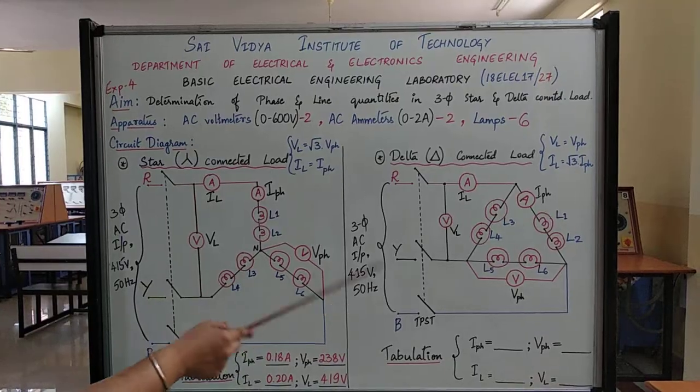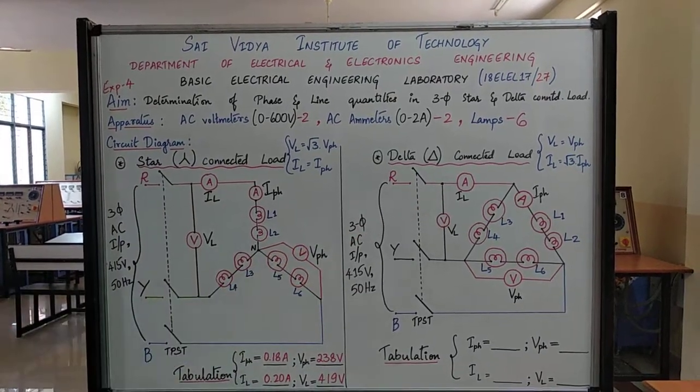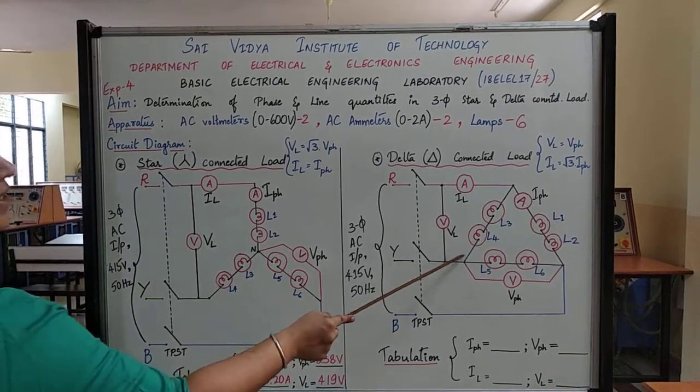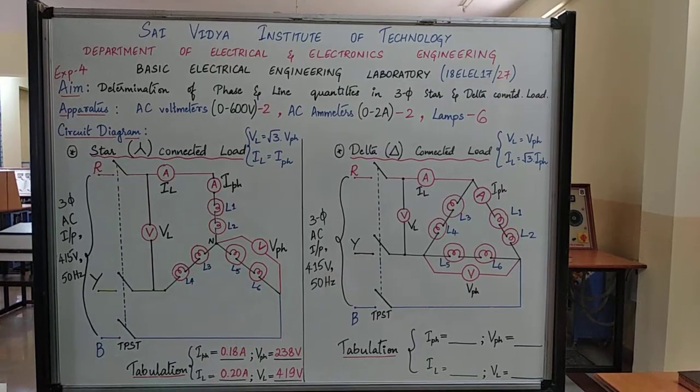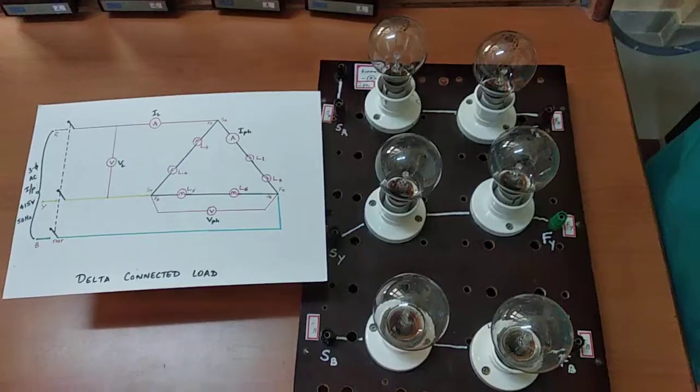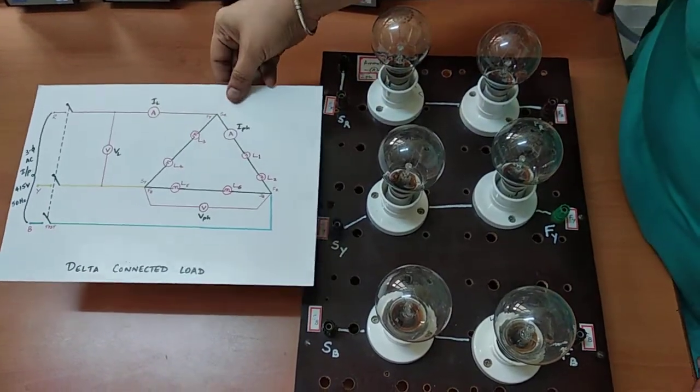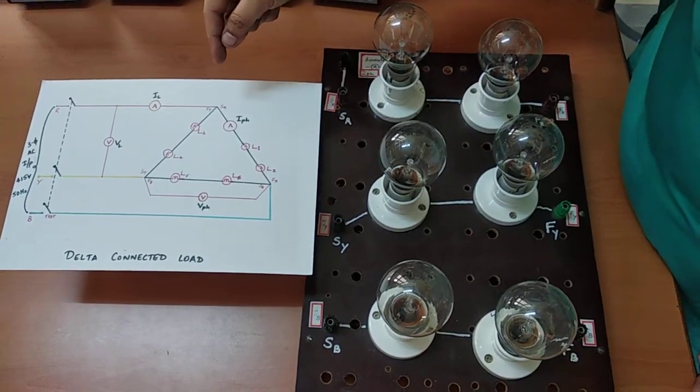Now let us start with delta connected load. In delta connection, we see that they form a closed loop. Now let us see how to conduct this experiment practically. Now let us learn how to connect a delta connected circuit practically.